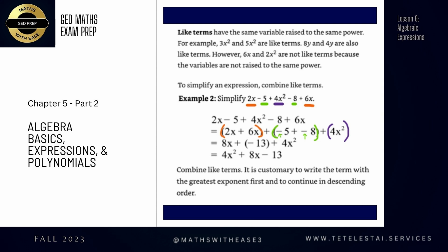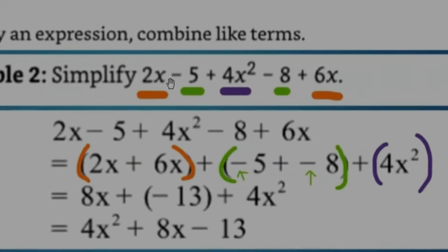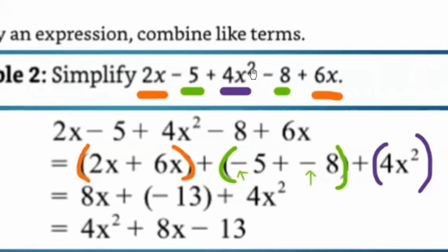To simplify an expression, you want to combine like terms. So I went in with a little bit of color to make it easier to see the like terms. Let me zoom in. Here we're being asked to simplify 2x minus 5 plus 4x squared minus 8 plus 6x.